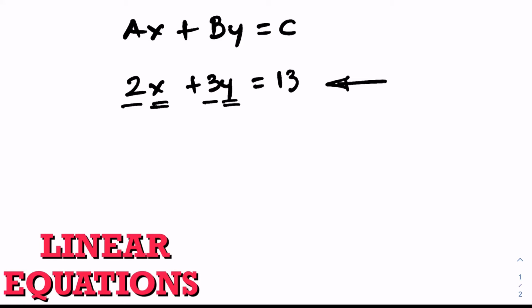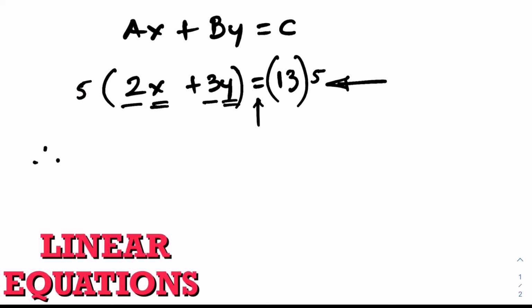Also, another important property of linear equations, because they are equations at the end of the day, is that you can apply the multiplication property of equality and the division property of equality to them. For example, if I multiply the left side by 5, I need to multiply the right side by 5 to keep respecting the equality between the left hand side and the right hand side.